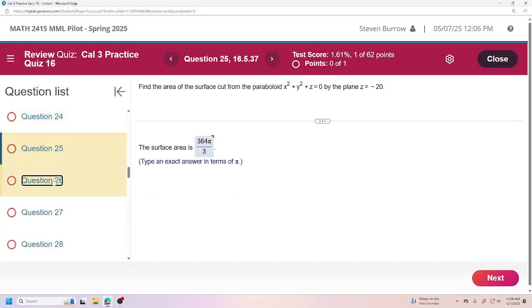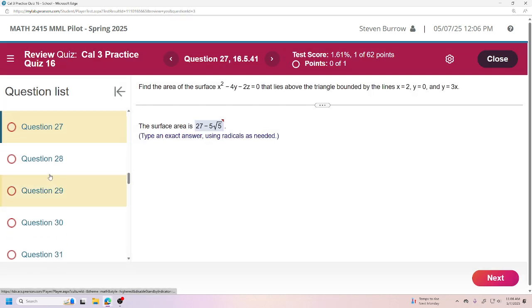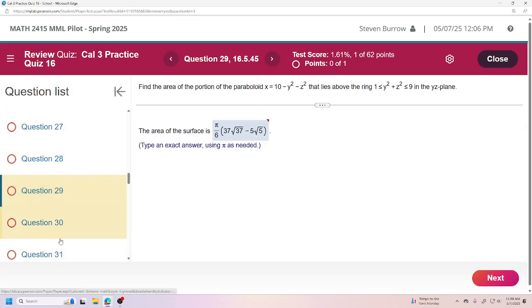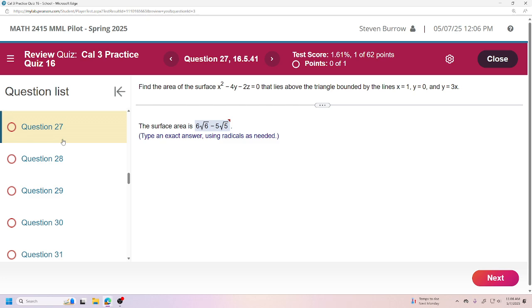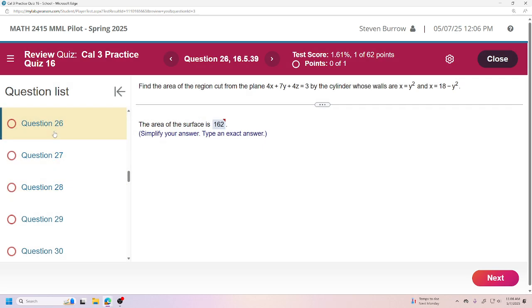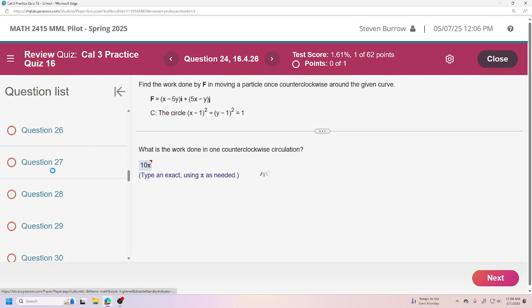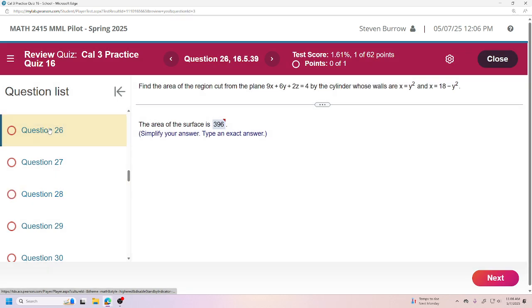Not on that one. That's the next section, but I think I grouped them together, like surface area and surface integral, because they were basically the same essential topic. This one? No, the other one. C equals 20? Did I skip it? Okay, hold on. Did I miss it? 26?